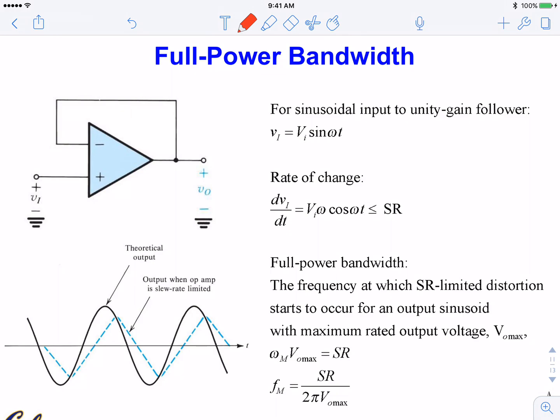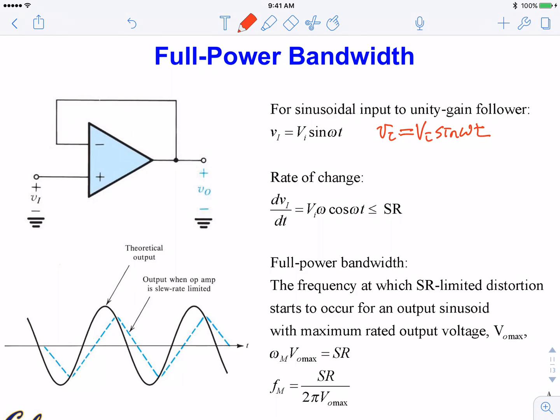Assume your signal is Vi equal to amplitude Vi times sine omega t, and calculate the maximum change.